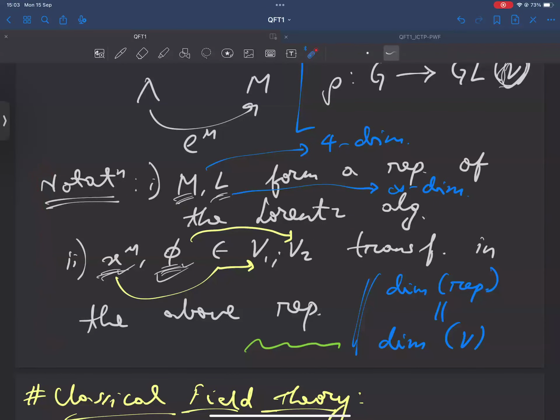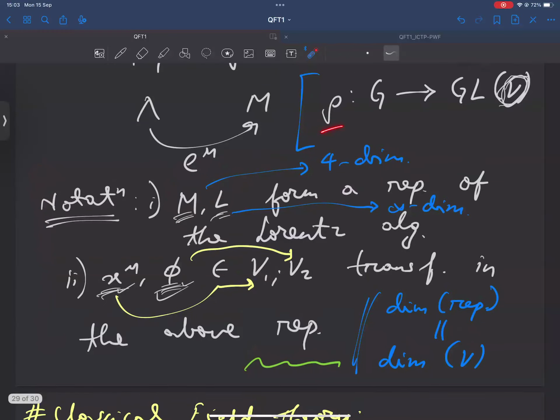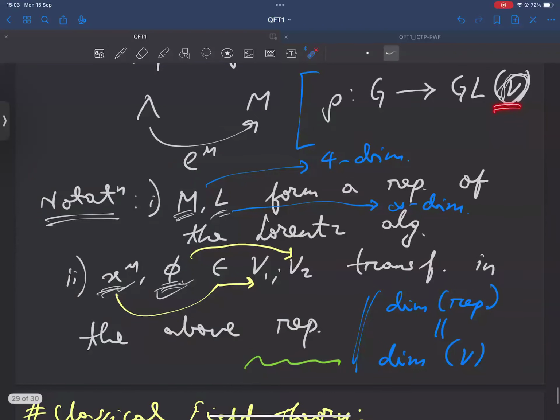So as I said, the actual representations are M and L. They are this representation rho, but they act on objects which live in this vector space V. So at times colloquially it is said that the elements of this vector space furnish a representation. So it's just a terminology that is used in physics at times.